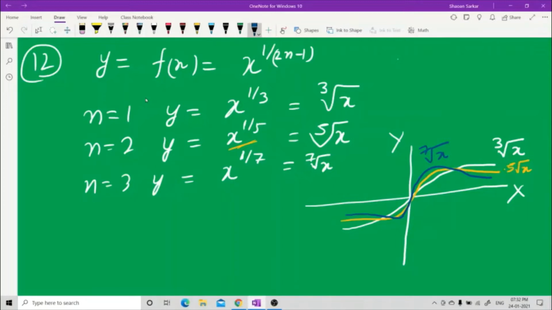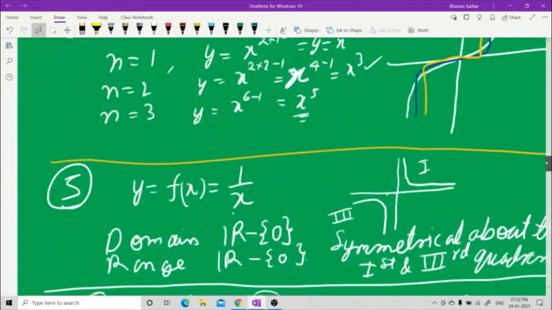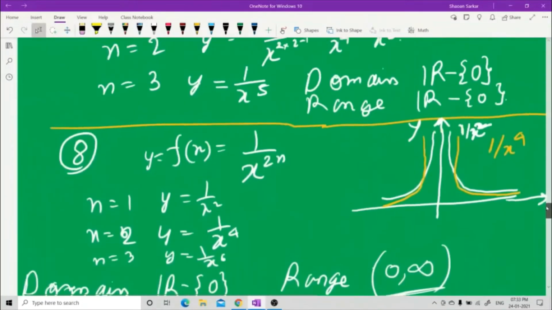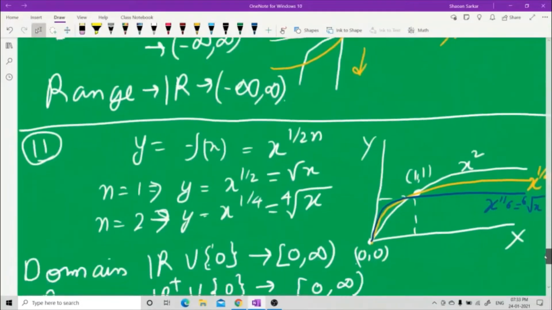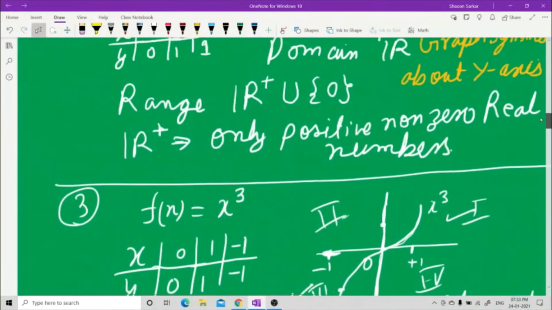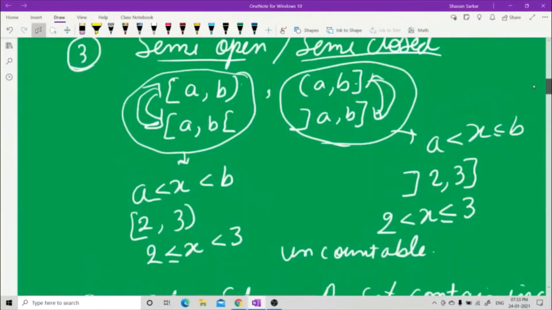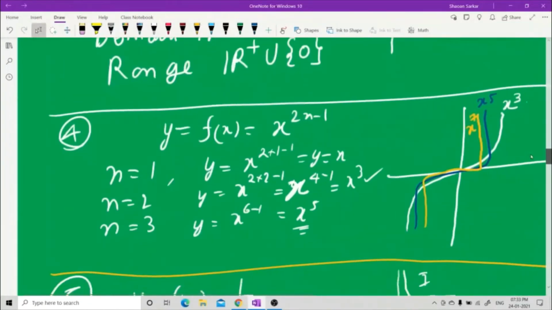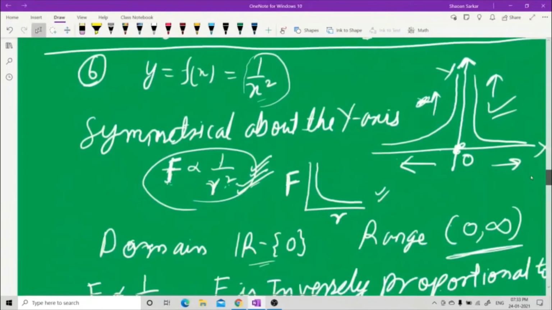So I'll just copy that domain and range for you, the one for your cube root graph. Wait a minute. Where did I draw it? Yes, here it is.